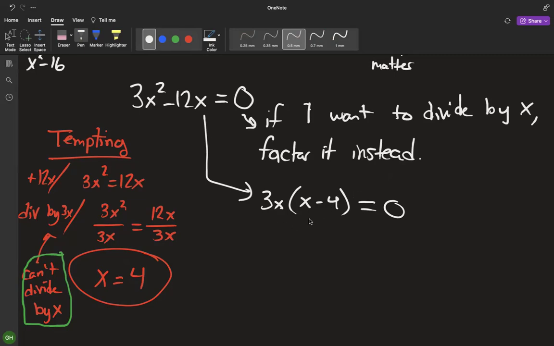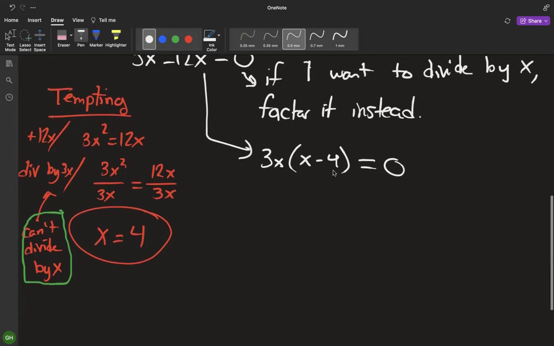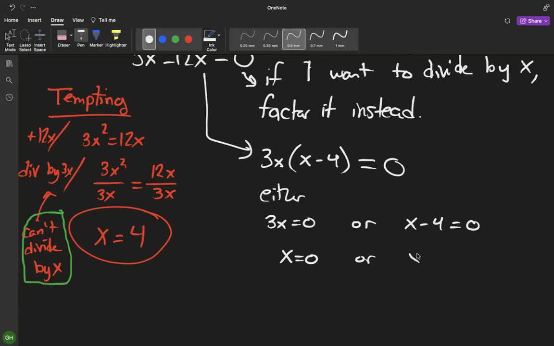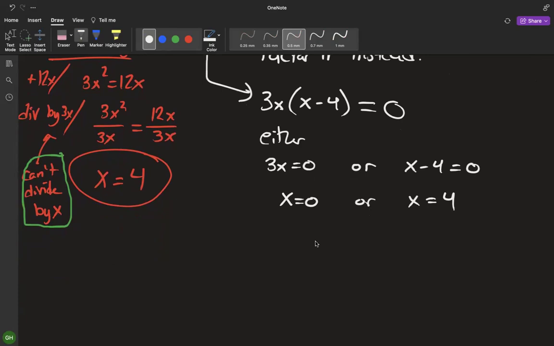Then one of the rules of algebra, if I have two things multiplied together that give me 0, that means one of these two things has to be 0. So either 3x equals 0 or x minus 4 equals 0. So we get x equals 0 or x equals 4. And that's two roots. The roots are x equals 0 and x equals 4.